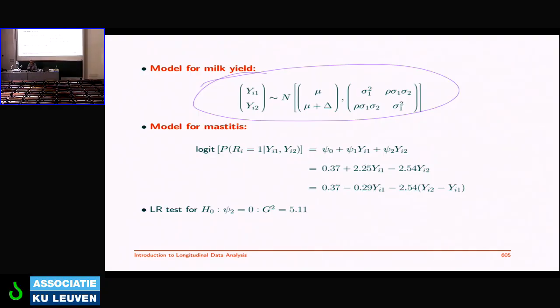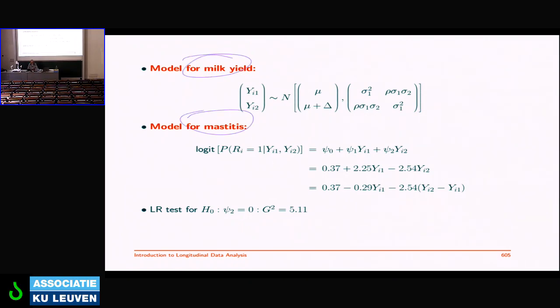Were it not that, one, we want to deviate from that model also. Second, mastitis in itself, or factors explaining mastitis, are of scientific interest. So this is an example where we can say we have Y and we have R, but it's maybe better to say we have the milk model and we have the mastitis model.